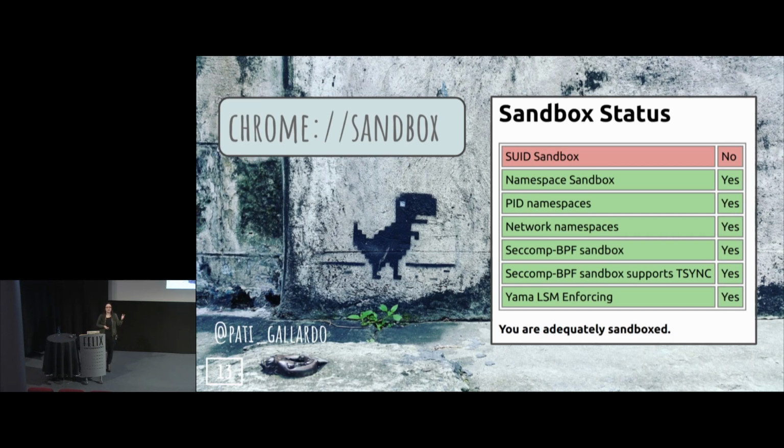Today I'm going to go through each of these concepts so that by the end, hopefully, you'll know what these things mean. So you have what they call a namespace sandbox, which is basically a user namespace sandbox. Then you have a PID sandbox, network namespaces, or PID namespace and network namespace, seccomp-BPF sandbox, and seccomp-BPF sandbox supports TSYNC, which it should, because it basically means, well, we'll look at that in detail later. And then Yama LSM enforcing.